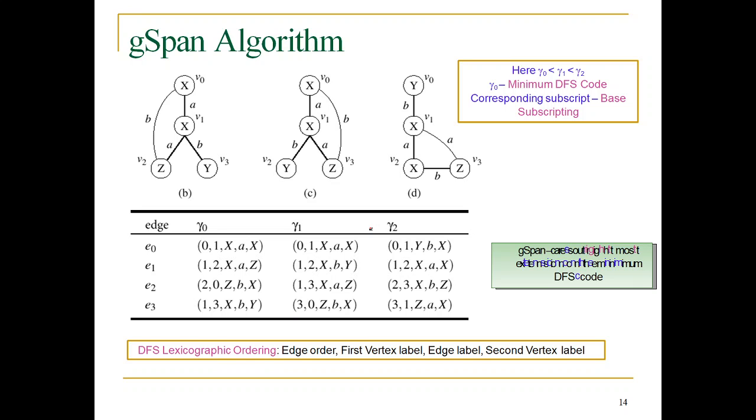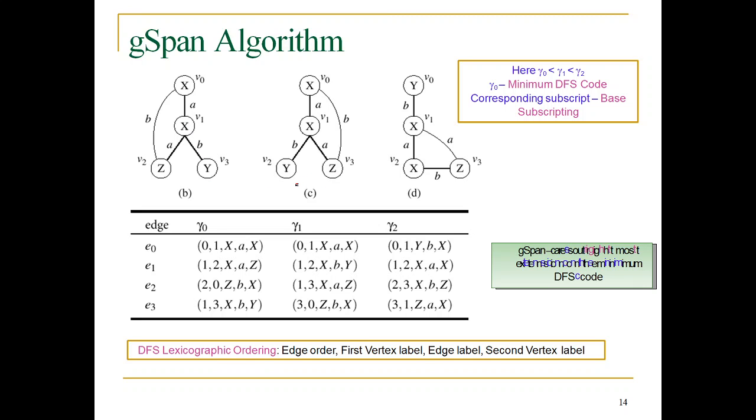So the gSpan algorithm, we have taken an example and we can write the subscripted values like this with the edges as well as the values. So for phi naught, where you take the values 0, 1 and the values x, a, x, and 1, 2, that is x, a, z, 2, 0, that is z, a, z, b, x, and 1, 3, that is x, b, y.